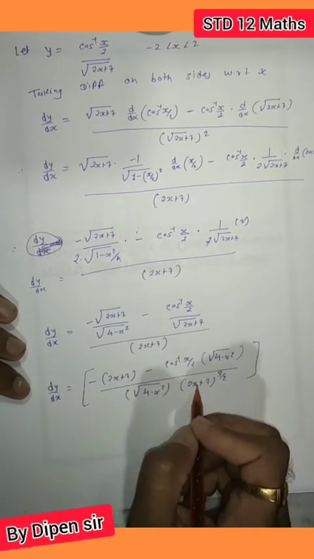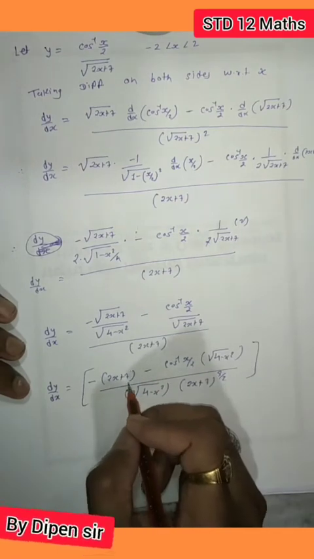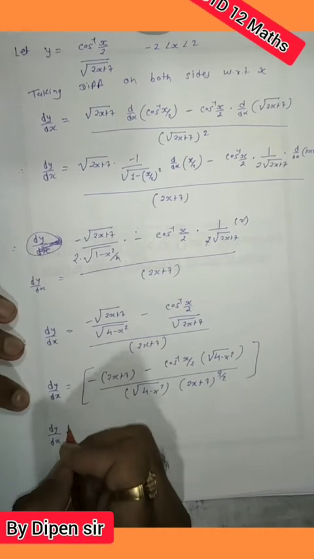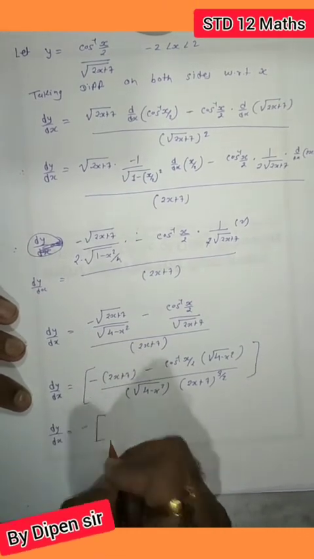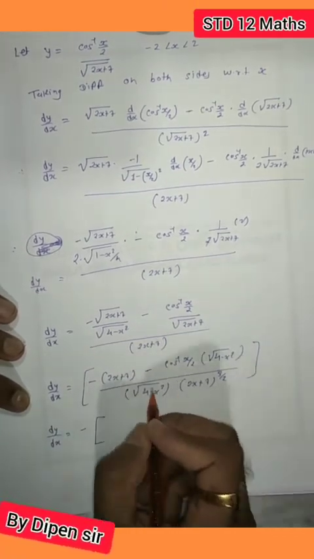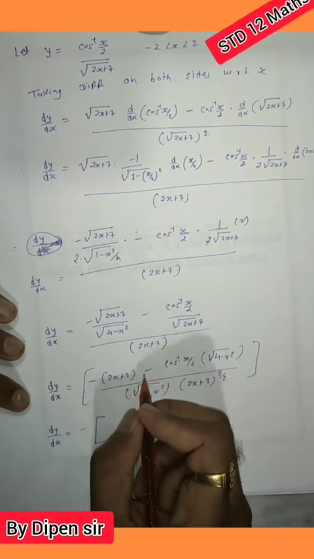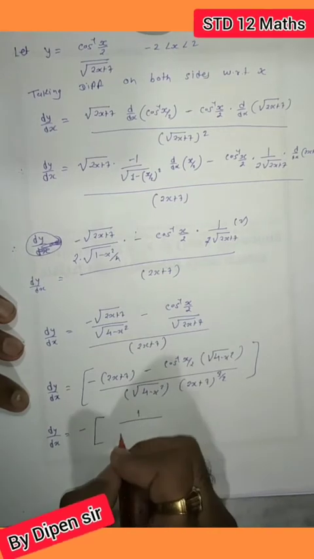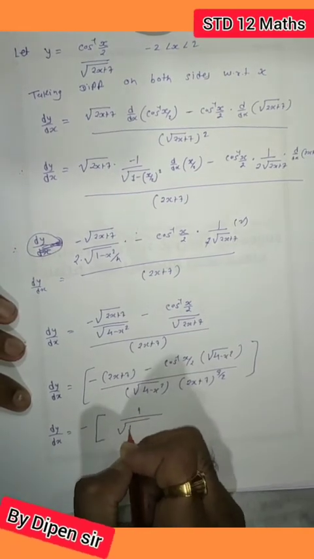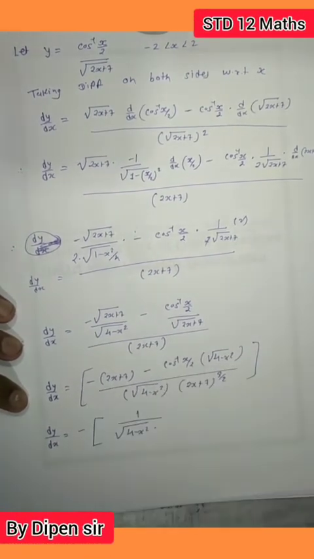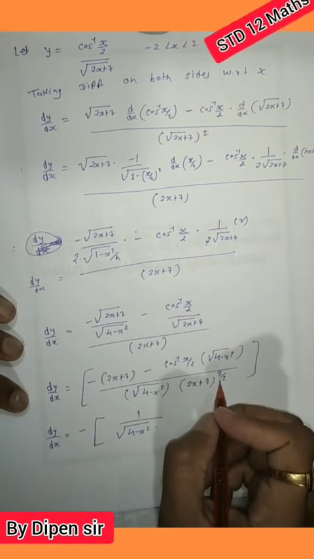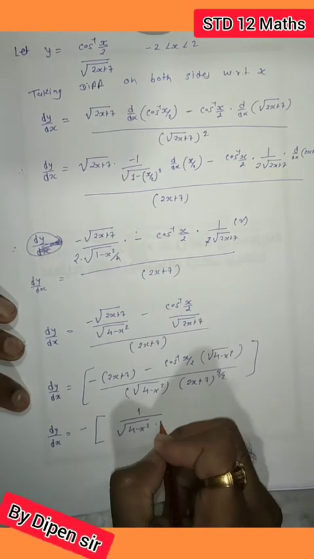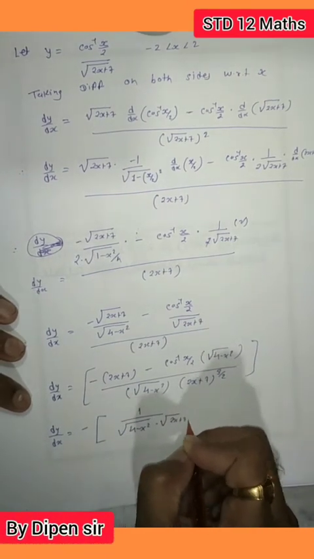You can also write this denominator separately in the denominator of this numerator, so your further simplification can be: minus sign is common. Now writing this denominator separately, it will be 1 upon square root of 4 minus x square into, again this 3 by 2, and this one will be subtracted, so it's square root of 2x plus 7.